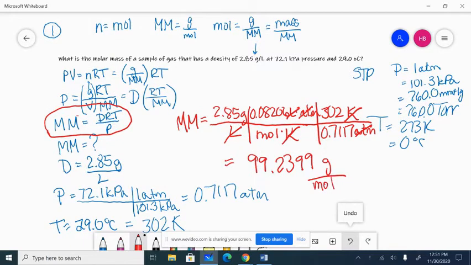So that's the molar mass of my gas, 99.23 grams per mole. You might also be given a list of known molar masses for gases. For example, oxygen is O2. That's 2 times oxygen, which is 16 or 32. You know this gas is not oxygen because it doesn't have the right molar mass. So you can identify what gas it is based on its molar mass.